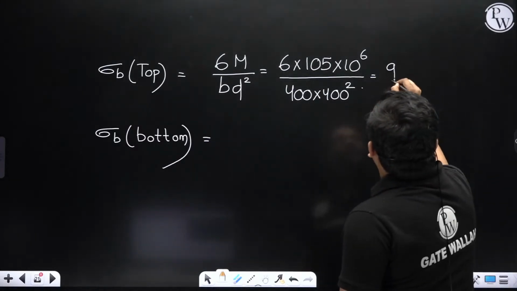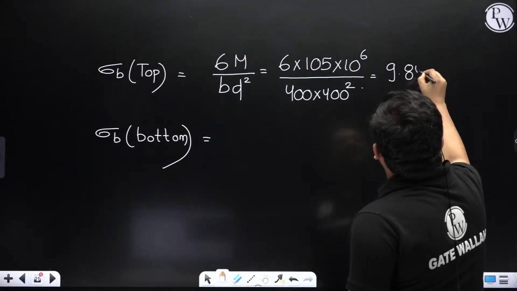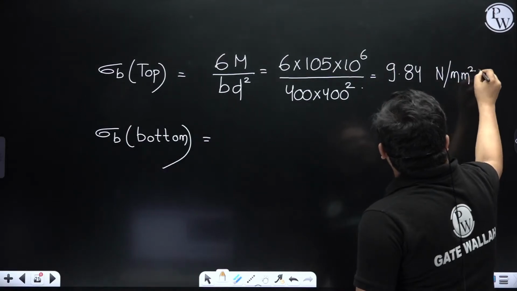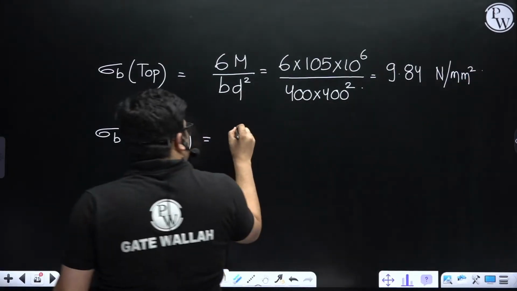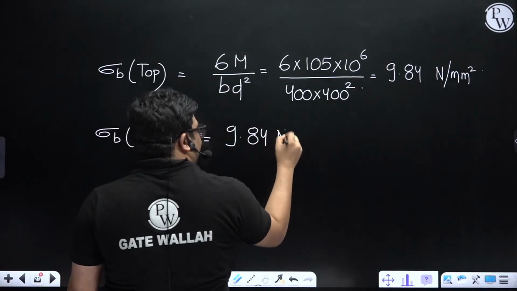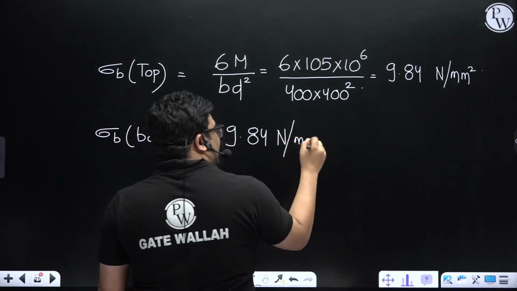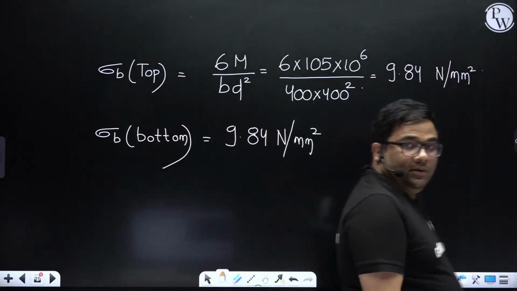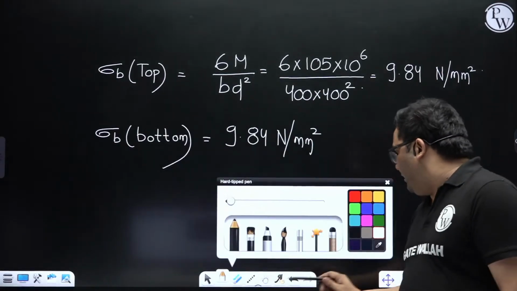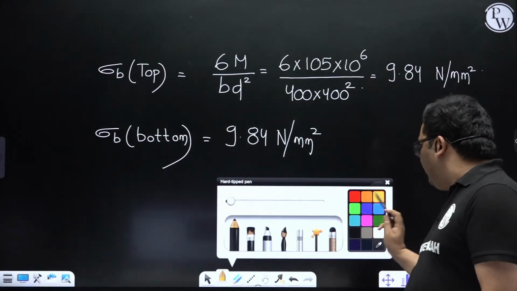So at top we will get the same value, at bottom also the same value. Value wise it is the same, but where will it be compressive and where tensile, tell me.